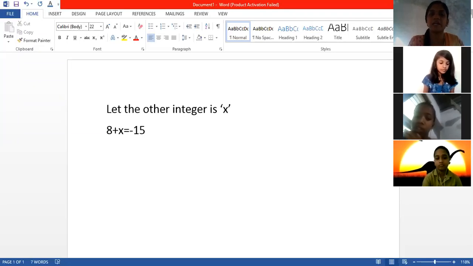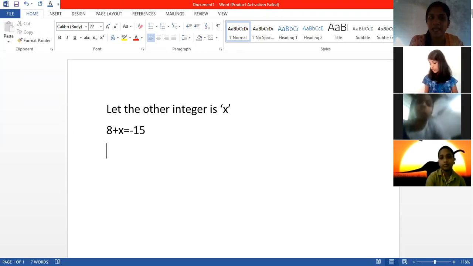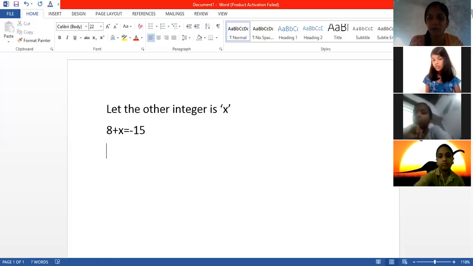Then we have to find out the value of x. What is the process of finding out the value of x? Put x on the left side of the equal sign and take 8 to the right side of the equal sign.